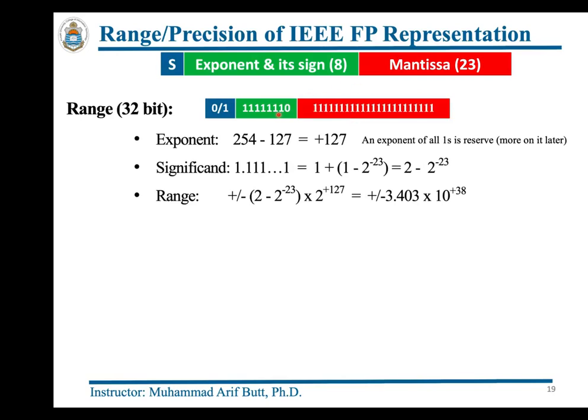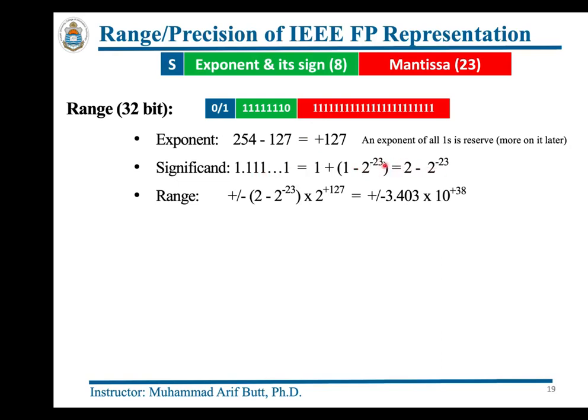An exponent of all ones is reserved, so the largest biased exponent is 254. So the largest true exponent becomes plus 127. All ones in the mantissa part along with the implied 1 makes the significand equal to 2 minus 2 raised to power minus 23.